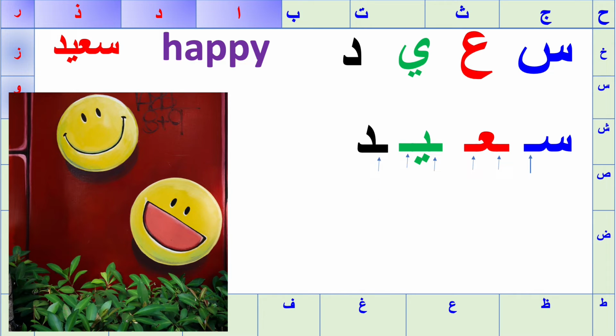And we get the following form: Sa'id. The final written form will be like this: Sa'id.